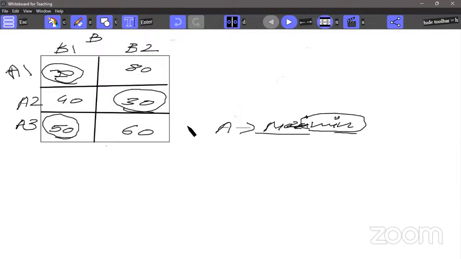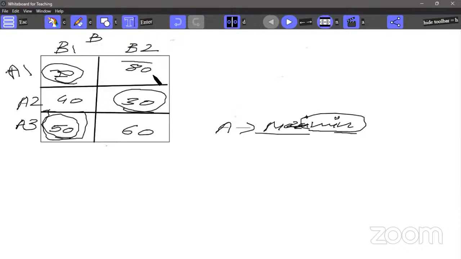Now shall we think from B's point of view? B has how many strategies with him? 2. If he is following the B1 strategy, he will incur either a loss of 20 or 40 or 50. Which is the worst case? 50. Because we have already used circles, use a square. If B is following the B2 strategy, what is the worst case? 80, 30 or 60? 80.